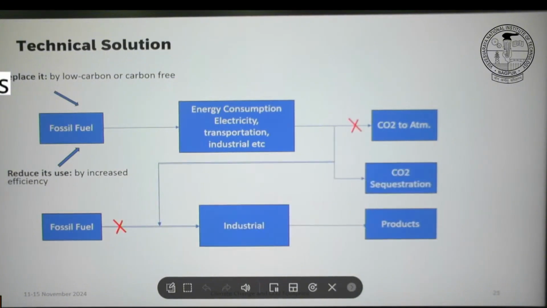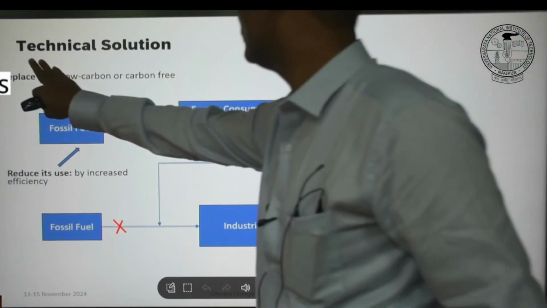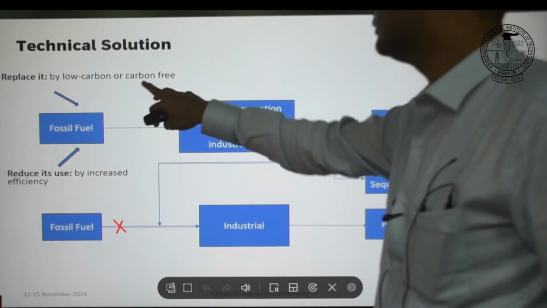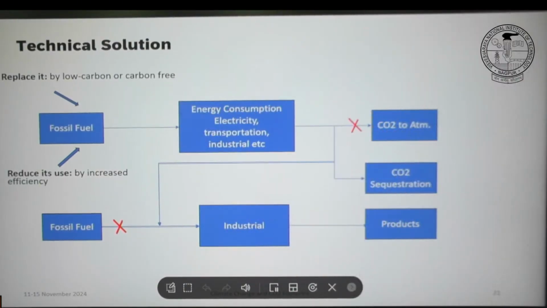But as I said earlier, going green, or going from coal to natural gas, is expensive. Similarly, from natural gas to hydrogen, it's even more expensive. Some people from the hydrogen business know the cost difference between hydrogen and other fuels, so it's not cheap.